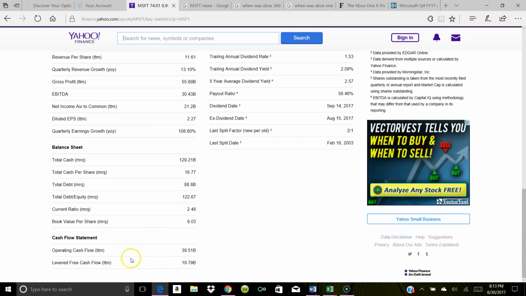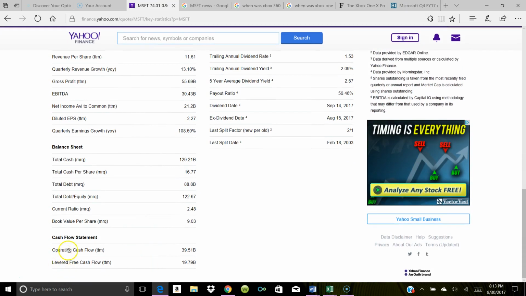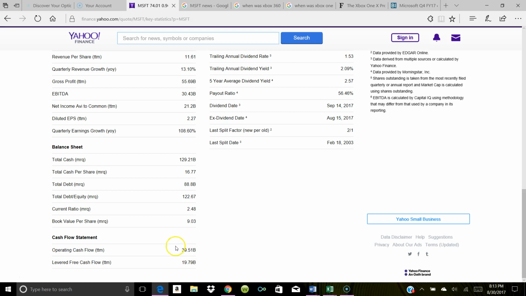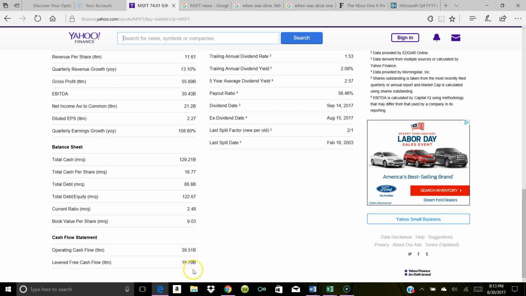And you want that number to be nice. So this, you'll see this operating cash flow. This is just this number before taxes. So we want to look at it after taxes. So after taxes, Microsoft is sitting on roughly $20 billion after everything is paid.